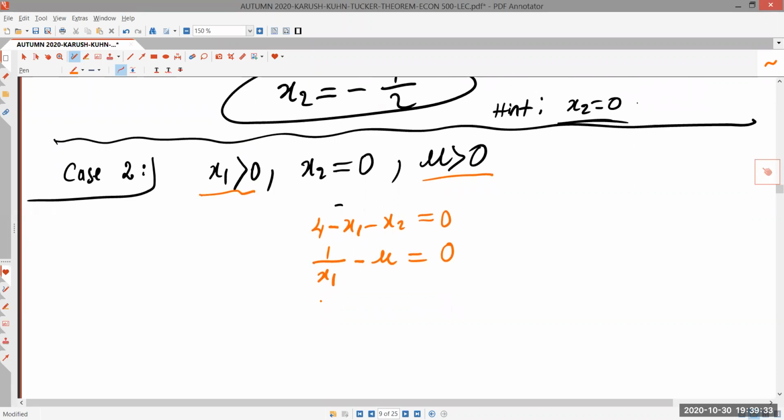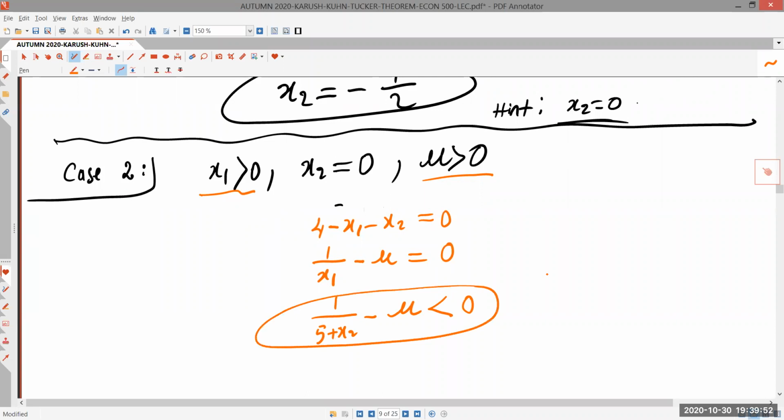That is the assumption which we put in case 2. And when it comes to this one, 1 over 5 plus x2 minus mu, well, this can be anything. This doesn't need to be equal to 0. So this doesn't give you any information because we know that x2 is equal to 0. So I need to use here, from here, the indication is that x1 is equal to 4.